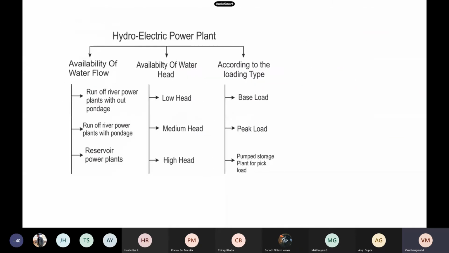Hydroelectric power plants are classified in different ways. Concerning water flow, they are classified into three. Concerning water head, they are classified into low head, medium head, and high head. Concerning the loading type, they are classified into base load, peak load, and pumped storage plant for picking up the loads.